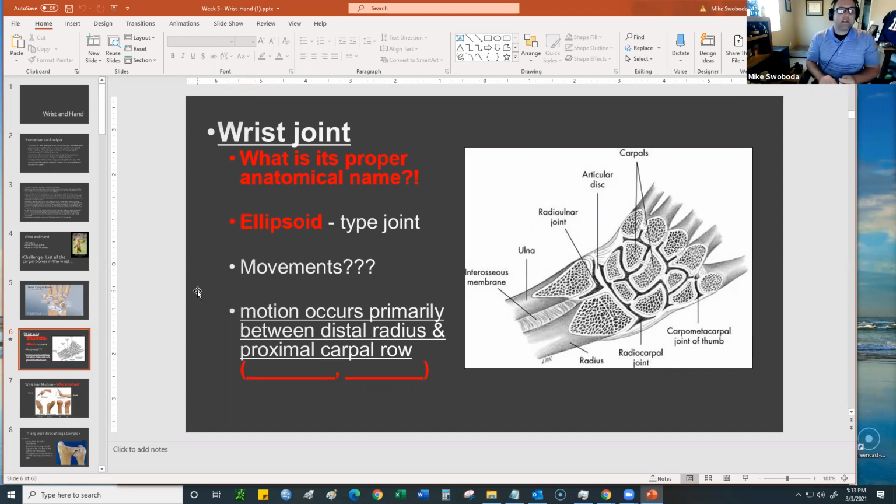All right, and then as far as muscles for the wrist and hand go, what are the 3 keywords I want to look at for identifying really any muscle I have in the wrist or hand?